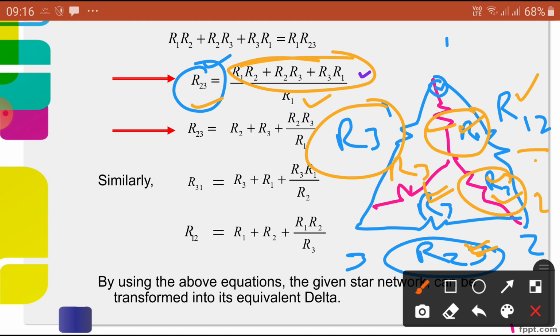So we are going to get these values. Simply you can see it. So here R31 is equal to R3, R1 simply. What is the remaining? R2. You write R2 here. This is a simple equation, so you can easily understand.